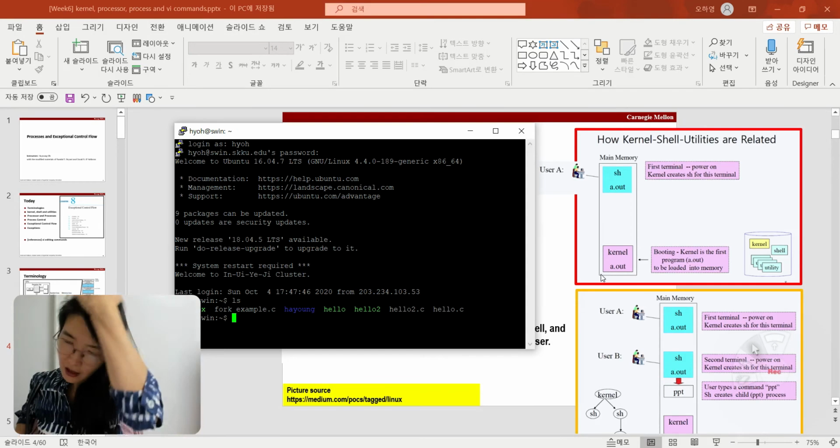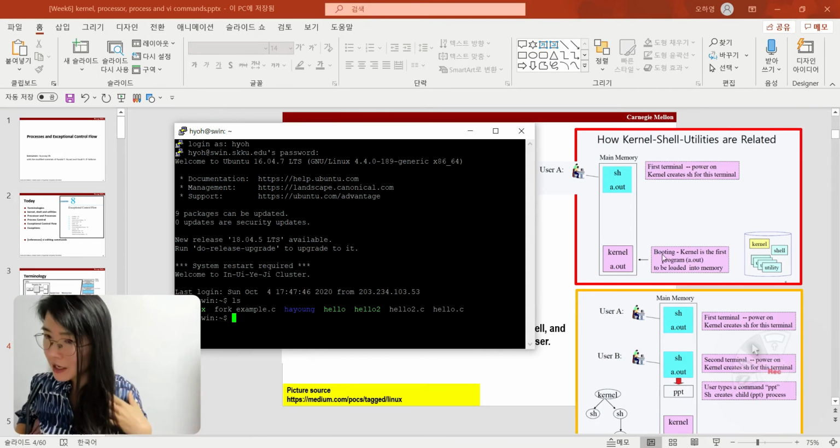So as you can see on the right figure, the kernel is the first program to be loaded into memory, okay? And the shell helps the user with the commands, the execution for the proper mission, all right?